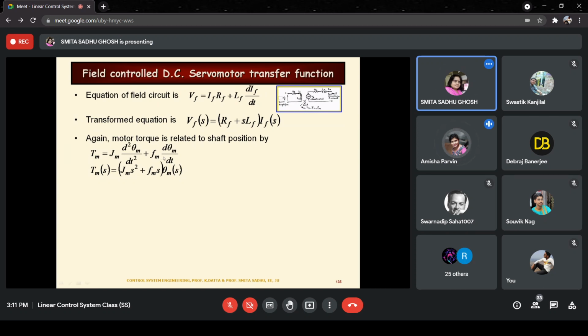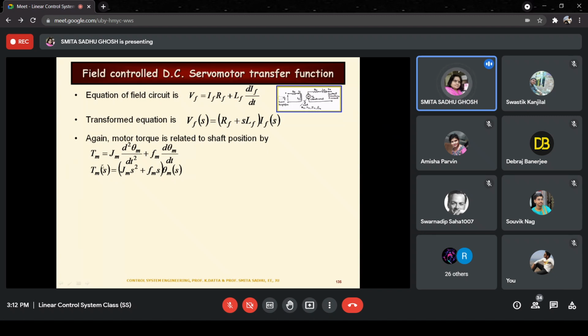Yes, ma'am. So basically, the relation between the torque and the angular position of the shaft would be given by Tm is equal to the moment of inertia Jm into theta m double dot plus viscous friction coefficient Fm into theta m dot.